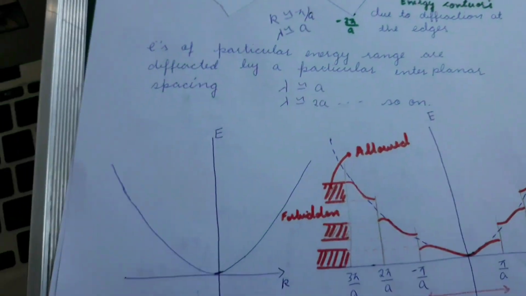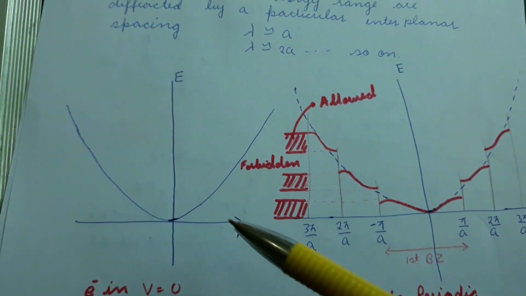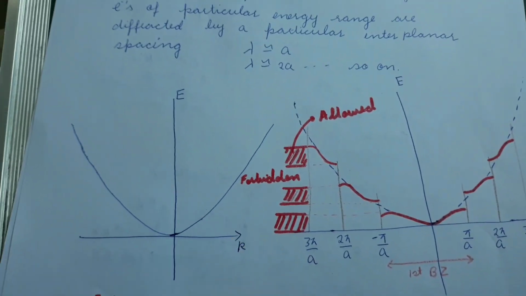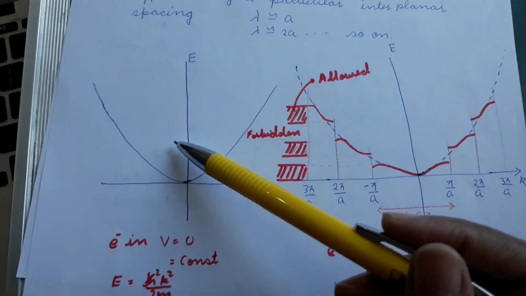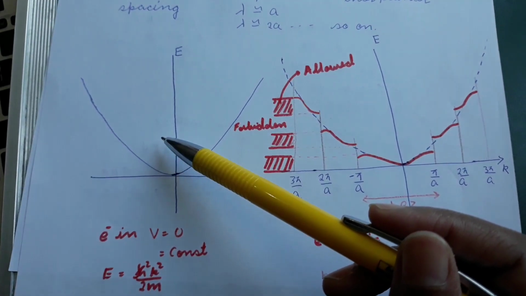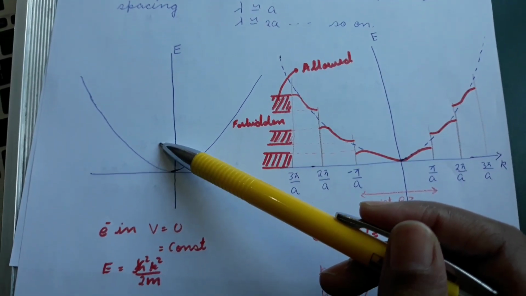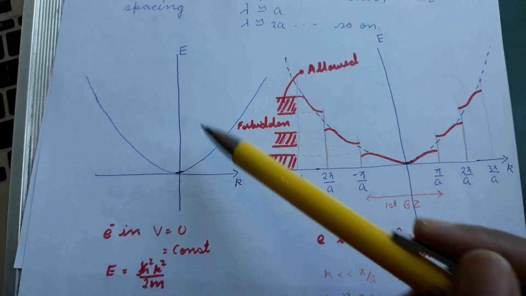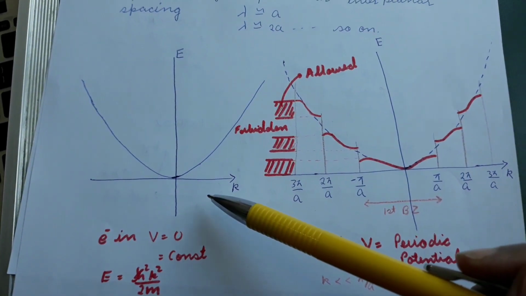You might have also seen EK diagrams like this, where this case was for a situation where the electron is in a constant or zero potential, and then you get this parabolic EK diagram.